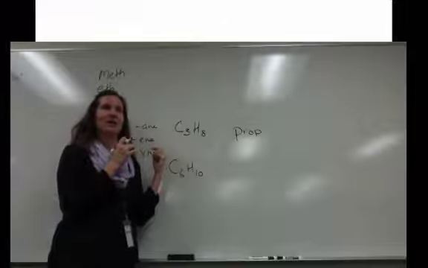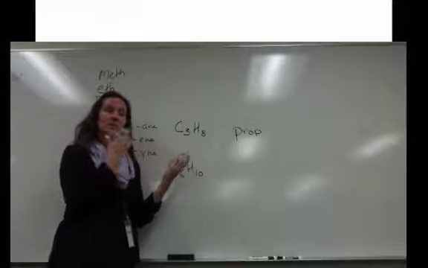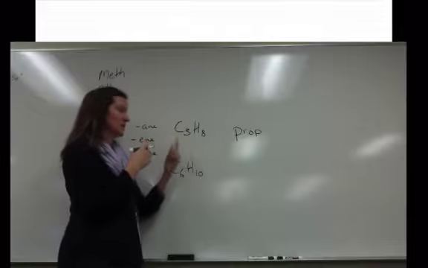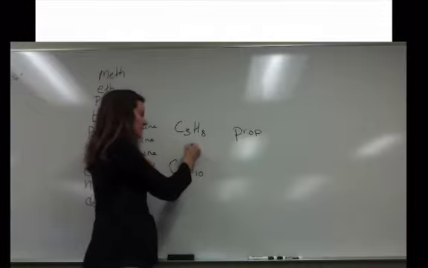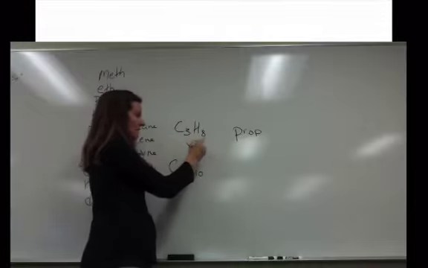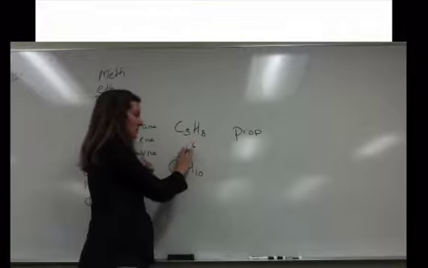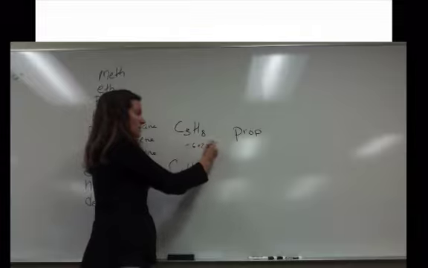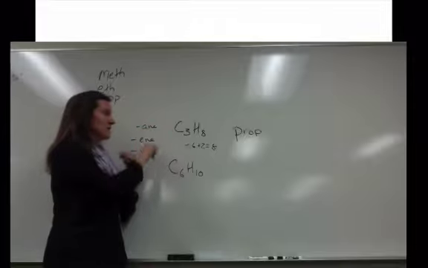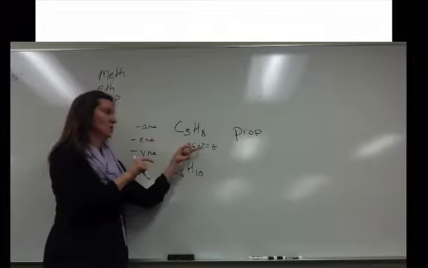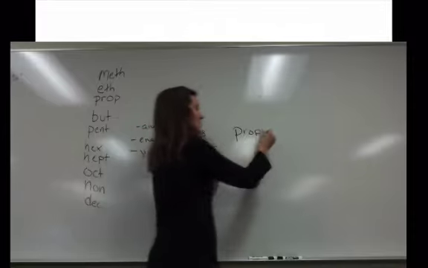The first thing for all of these was carbon times 2. So carbon times 2 in this case will get us 6, and I have 2 more to get to 8. Anes were carbon times 2 plus 2. So this is propane.